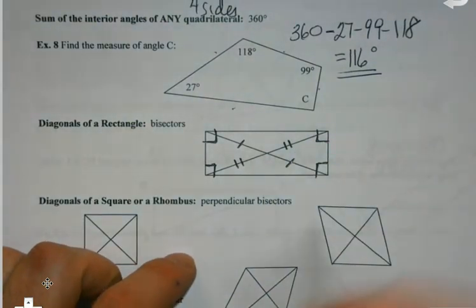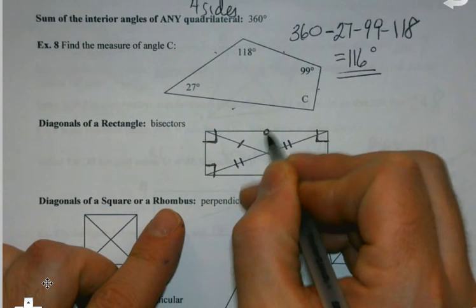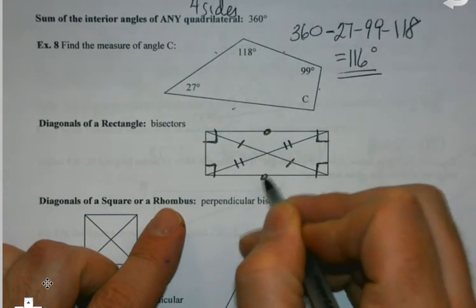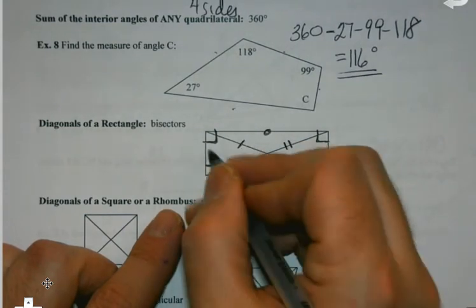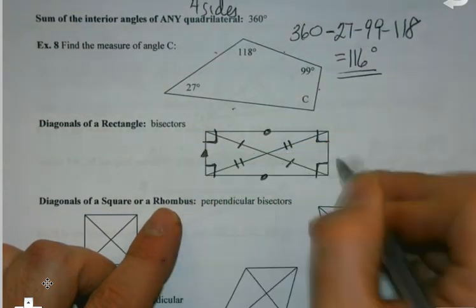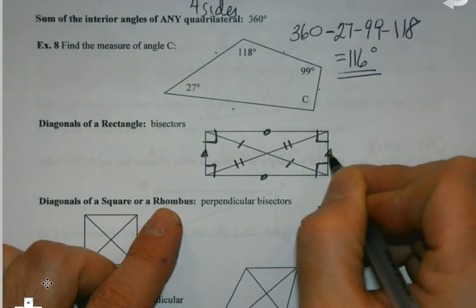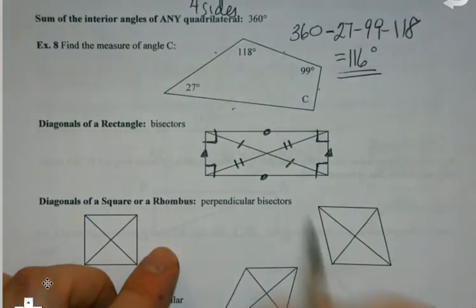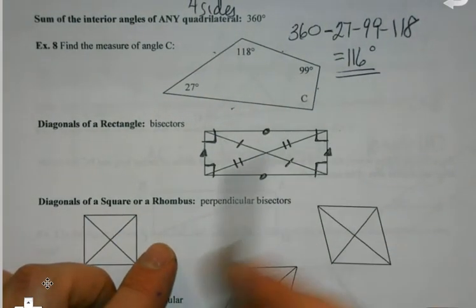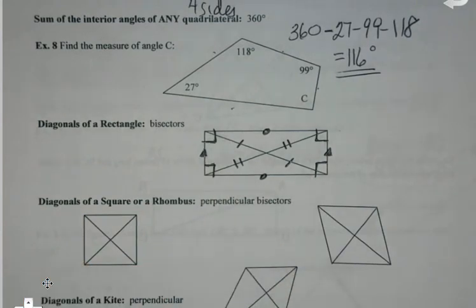And we also know that opposite sides of a rectangle are equal in size. Lots of little things, but the big one that will show up in the ACT a lot is that they're bisectors and end up being equal or cut in half.